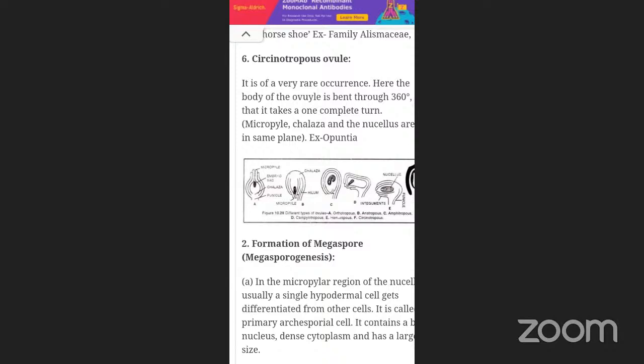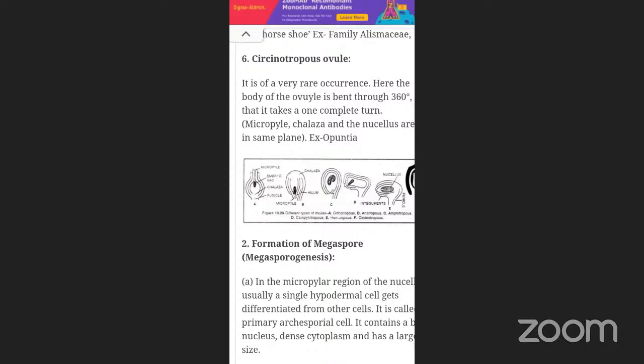The next one is the anatropous ovule. In this one, the ovule becomes completely inverted, and as a result the micropyle and funicle are very close to each other.